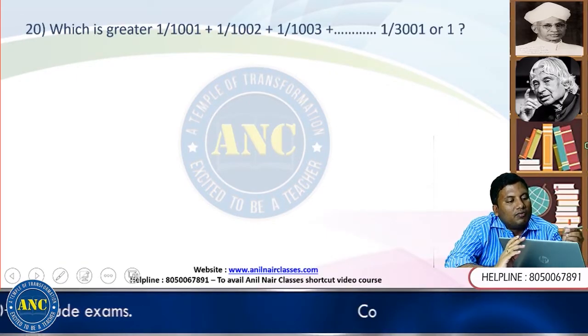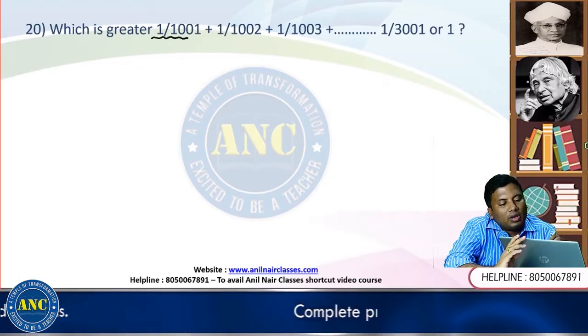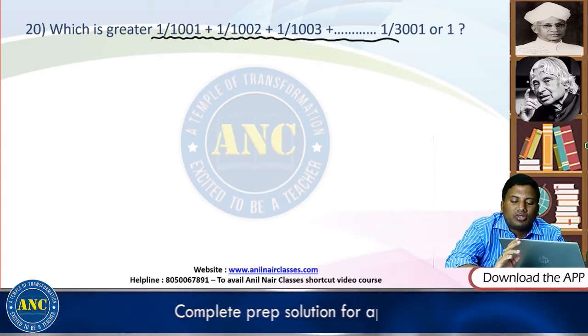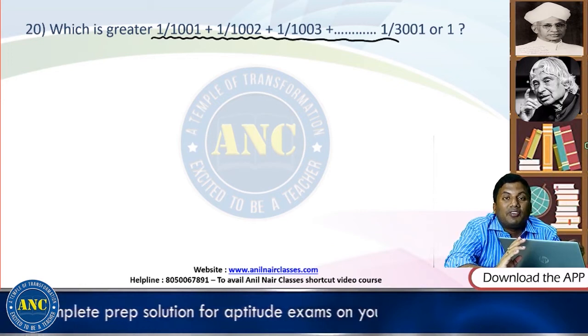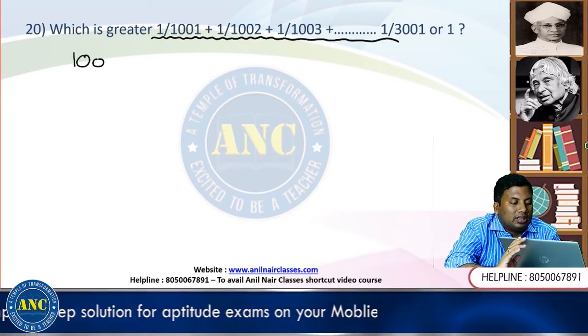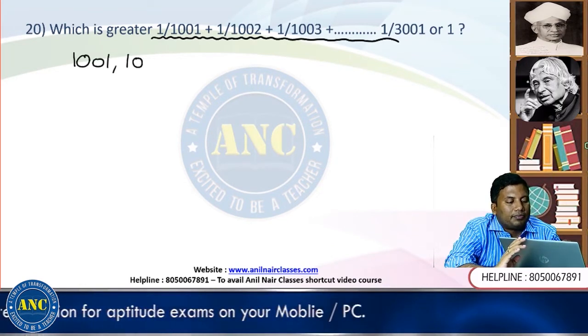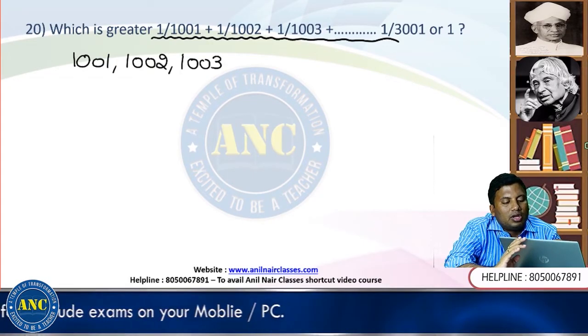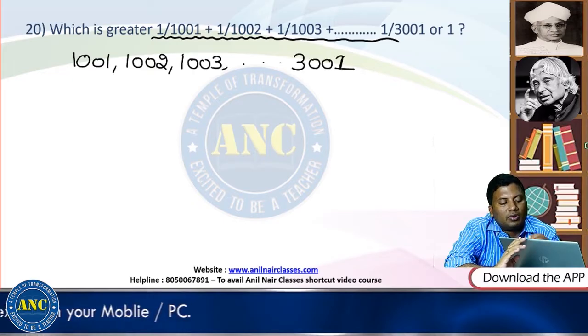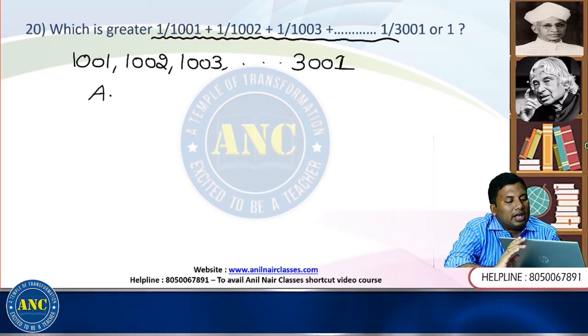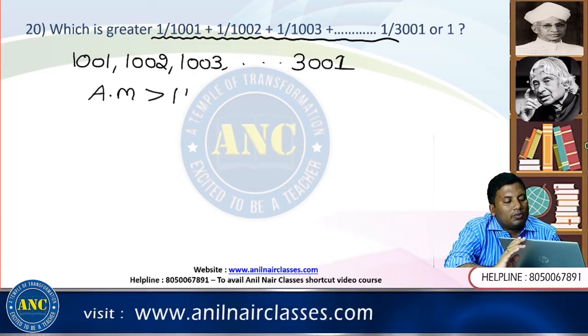Second question, which is greater: 1 by 1001, 1 by 1002 and so on up to 1 by 3001, or 1? Reciprocal is there, so I will make use of harmonic mean. Take the numbers as 1001, 1002, 1003 and so on up to 3001. Arithmetic mean greater than harmonic mean.